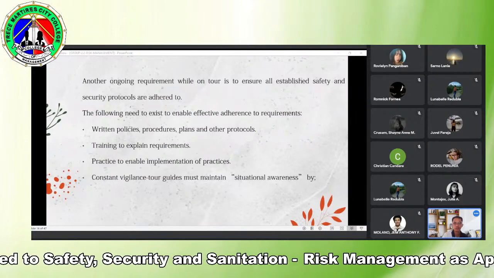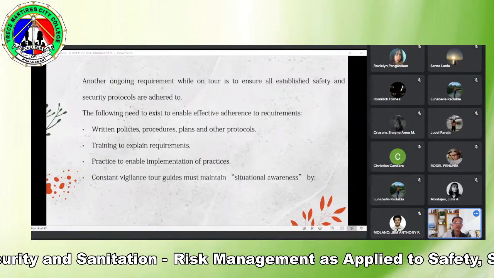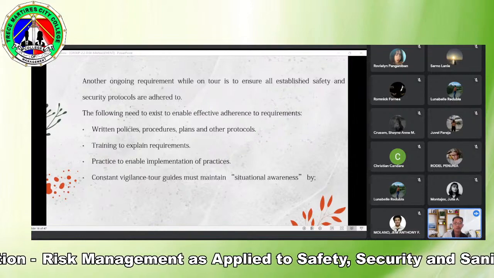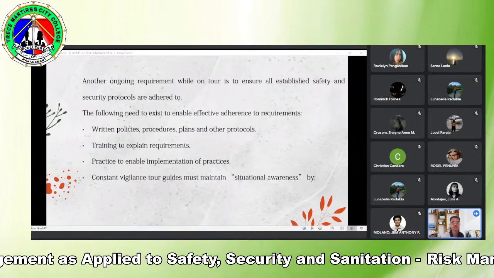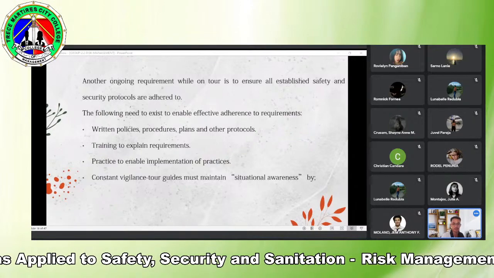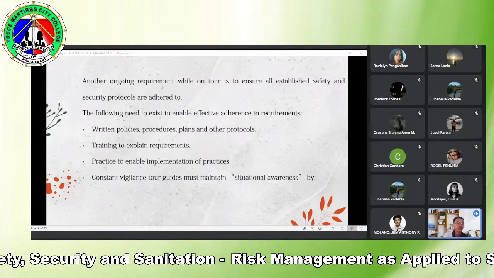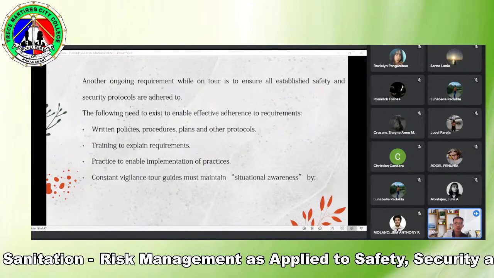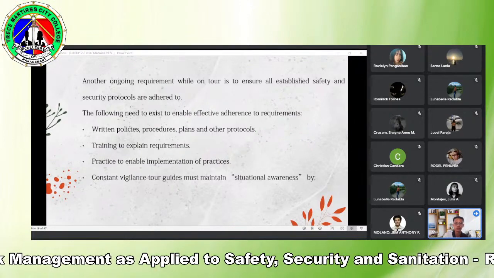Hindi yan palagi na parehas, eksakto. May mga magkakaroon ng slight difference, depends on the culture na meron ang isang company. Okay? And susunod dyan ay ang procedures. Ganon din yun. Okay? It's a written document din na sinusundan ng ating mga employees.